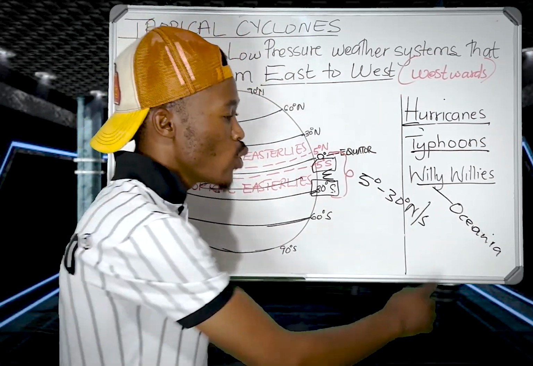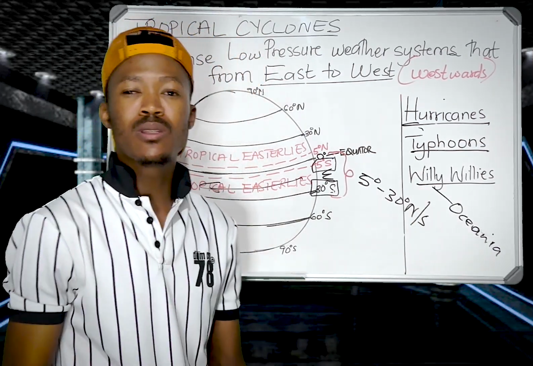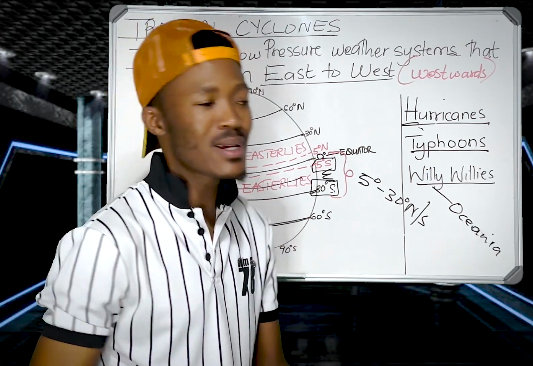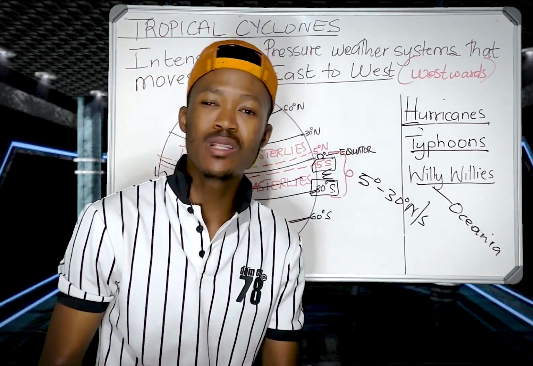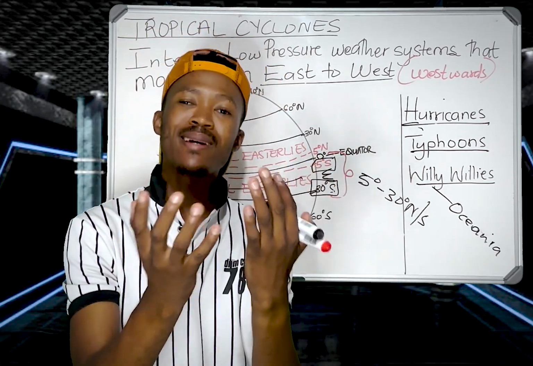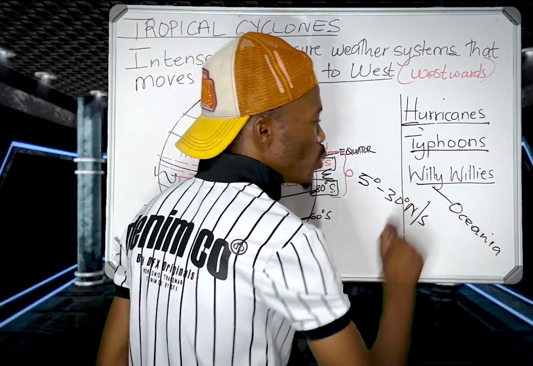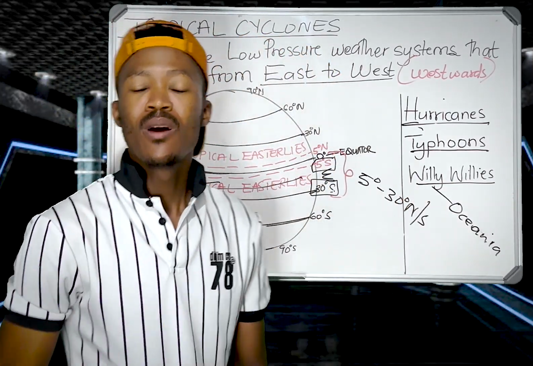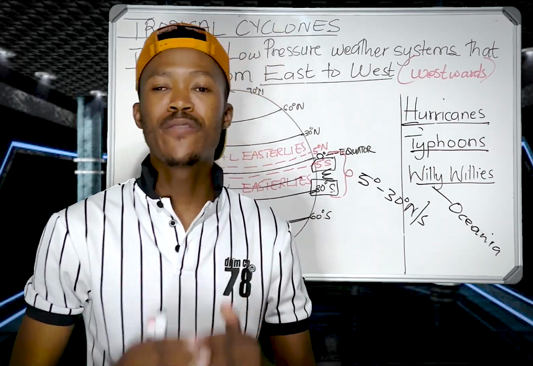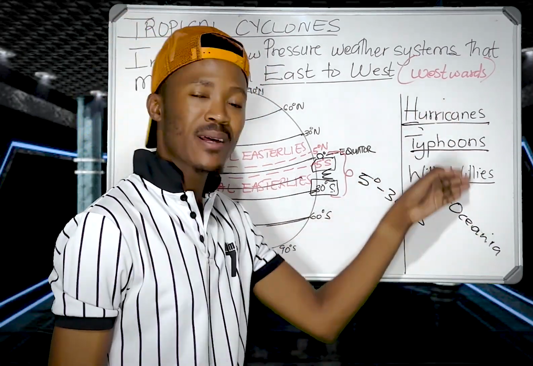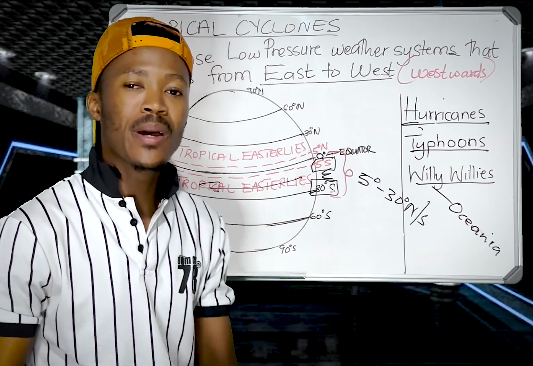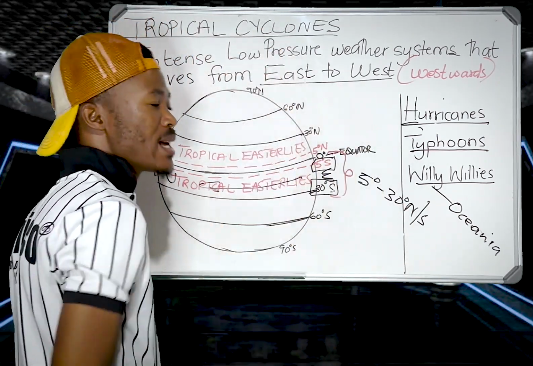And in Oceania, which includes countries such as Australia, New Zealand or Papua New Guinea, they refer to tropical cyclones as willy-willies. But you should not be confused. All of these different names come back to tropical cyclones.